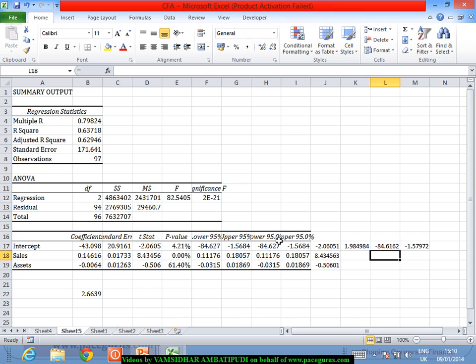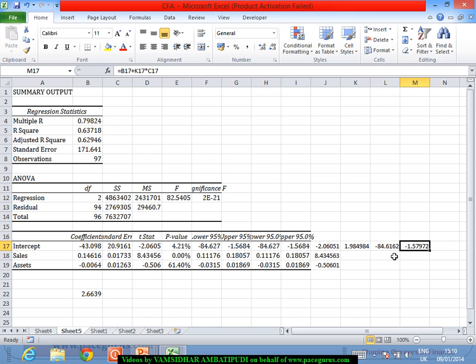So the same logic we can use. Here in case of intercept, the lower limit is minus 84, the upper limit is minus 1.5, which means 0 is not present in this interval at all. So in the 95% confidence interval, 0 is not present. That's where we are saying that the coefficient is significantly different from 0.